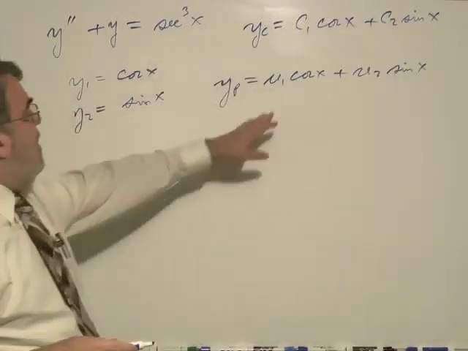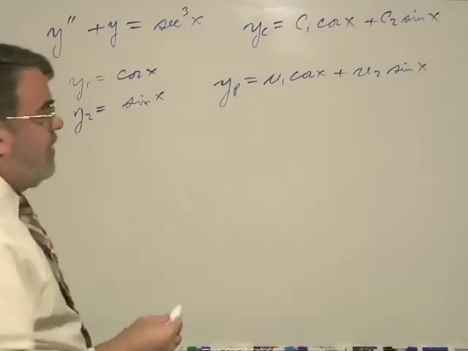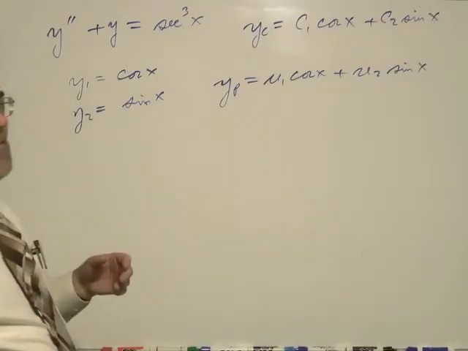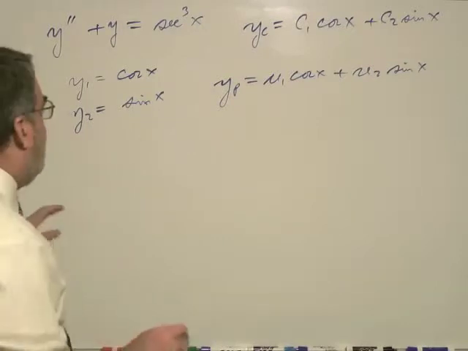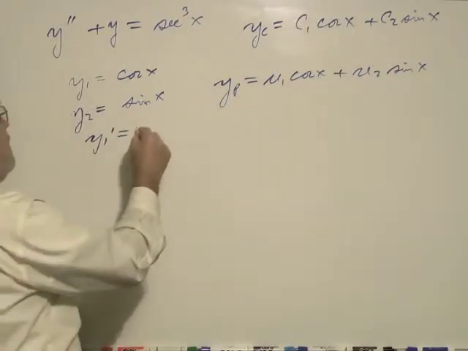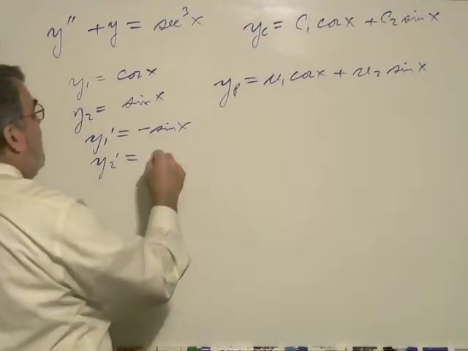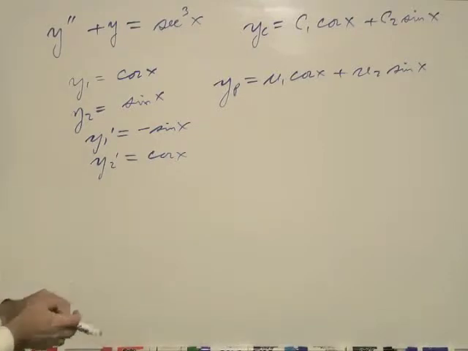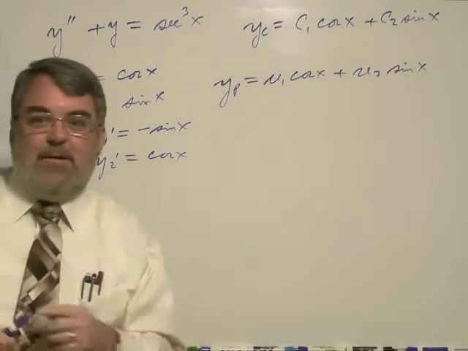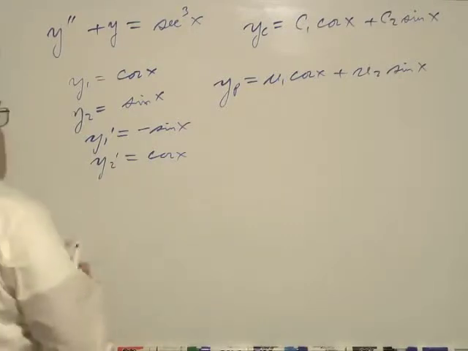Alright, remember it's u1 y1 plus u2 y2. Now in the course of solving by using Cramer's method, we also needed to know what these derivatives are. So y1 prime is minus sine x and y2 prime is cosine of x.